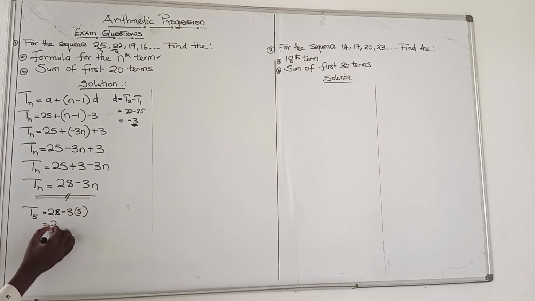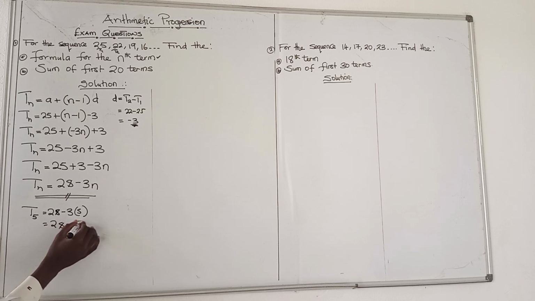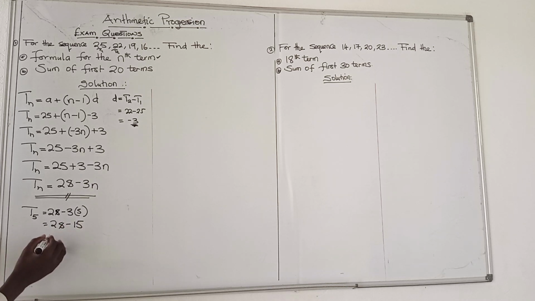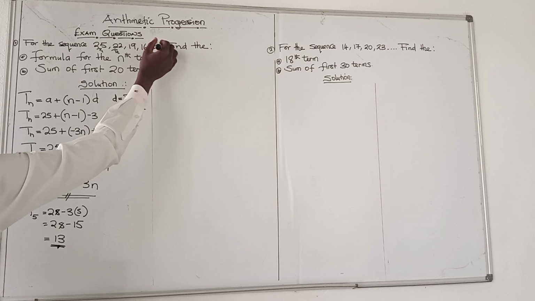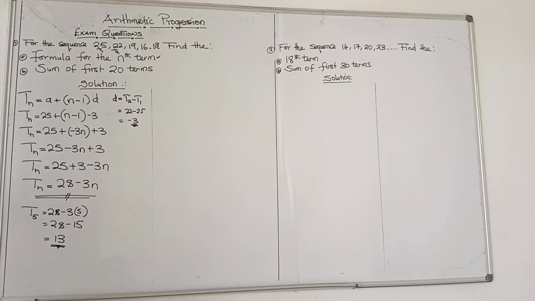So this will be 28 minus 3 times 5, that will give us negative 15. From 28 you take away 15, you have 13. So our next term here will be 13. That's how you find the formula for the nth term.